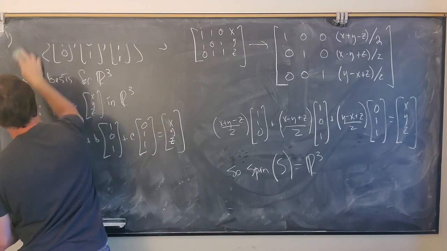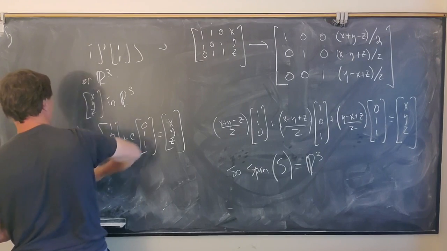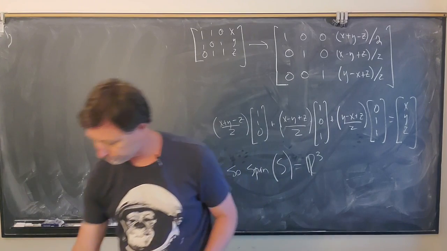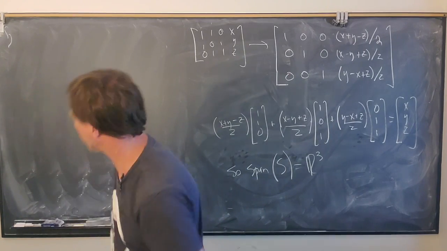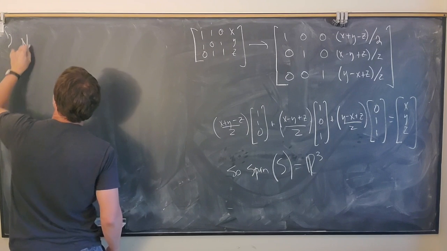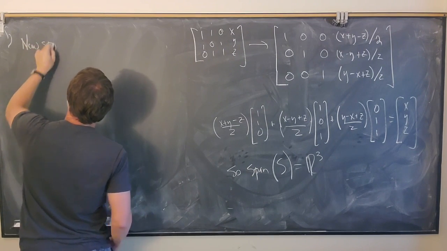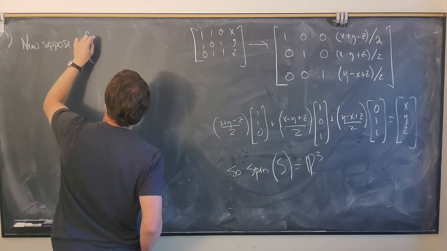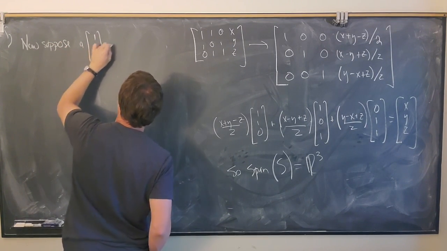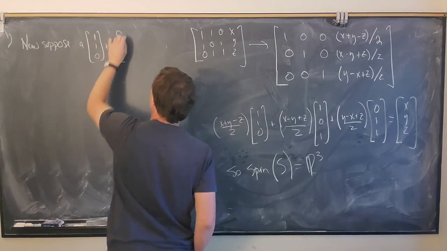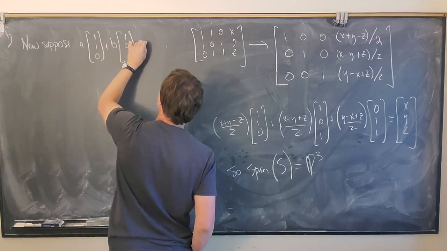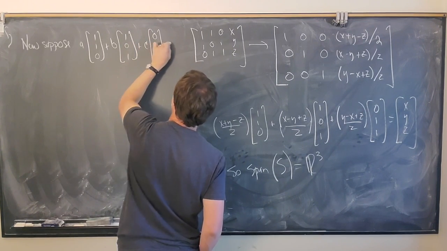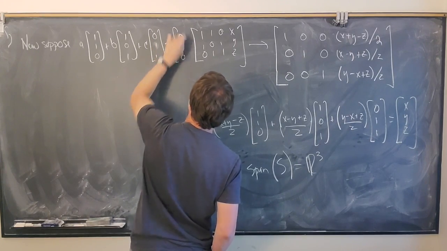So now, suppose that A times the first vector plus b times the second vector plus c times the third vector, 0, 1, 1, equals the 0 vector.